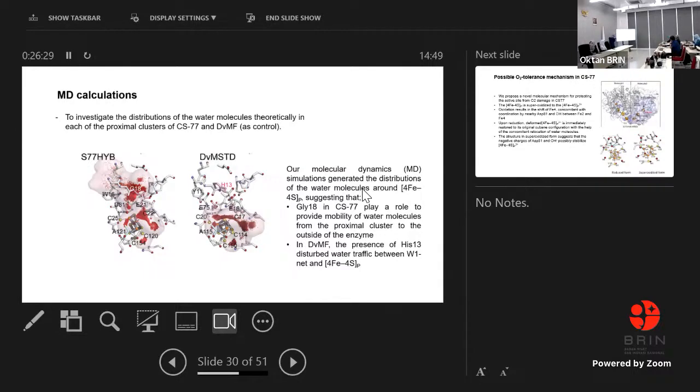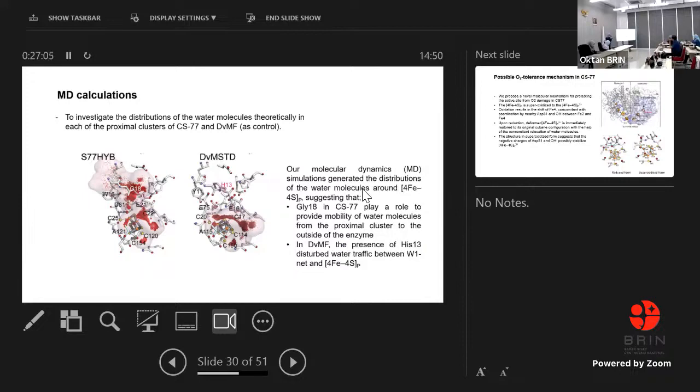So from the MD calculations, we conclude that the presence of glycine in this position, compared to the standard one, which is histidine, helps the water distribution from the active sites to the outside, or from the outside to the inside of the molecule of the S77s.